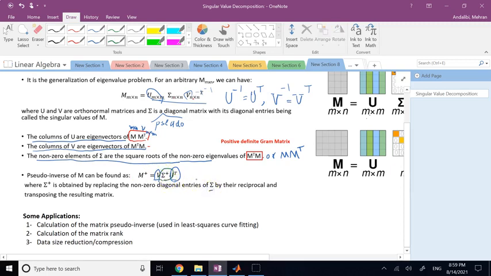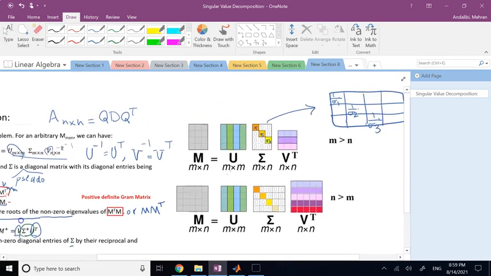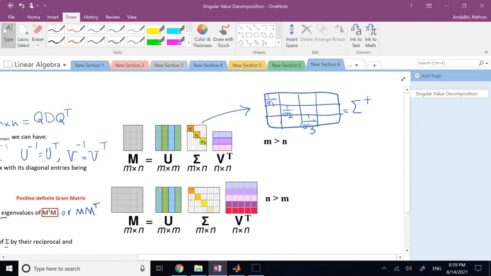It's very similar to sigma, but, as you can see in this picture, it has the reciprocals of the singular values. So if this sigma that I have is 4x3, sigma plus is going to be 3x4, so it's not just the reciprocal of the singular values on the diagonal. It's also the transpose version of that.